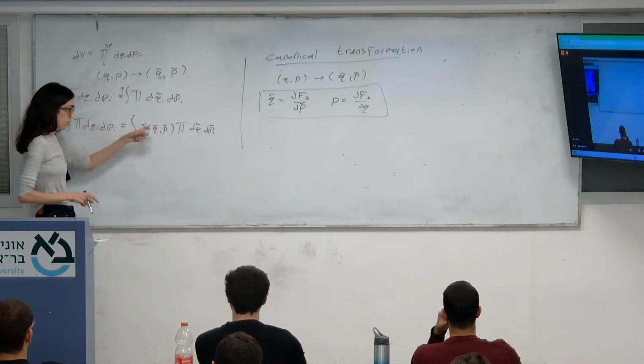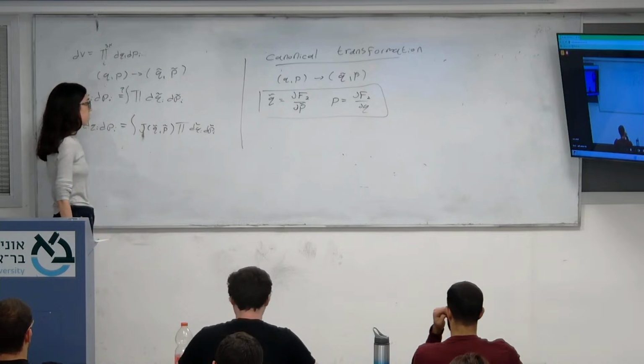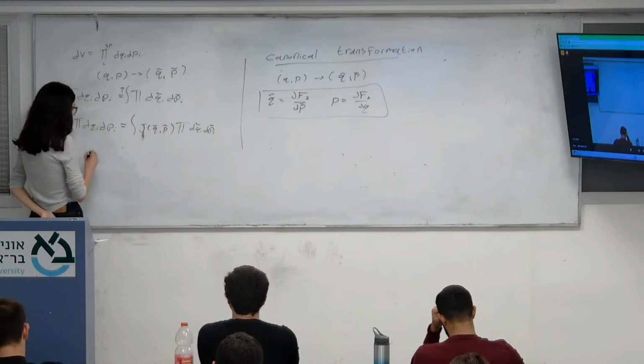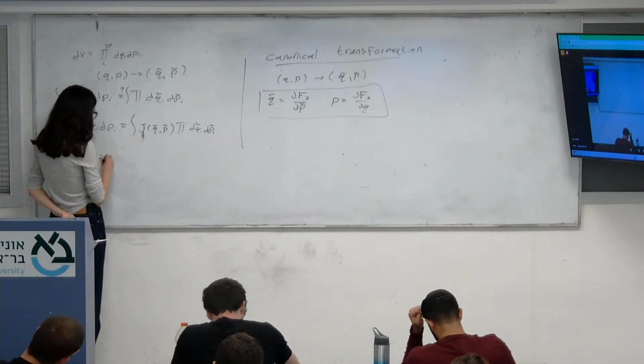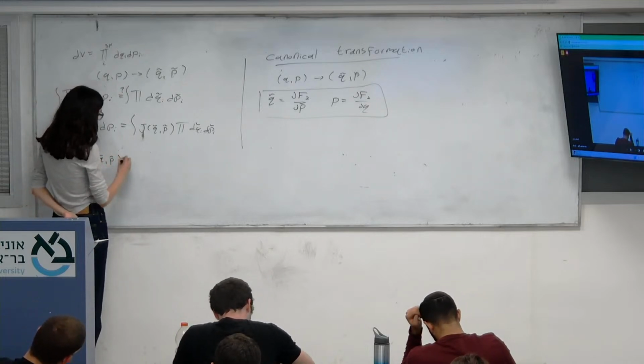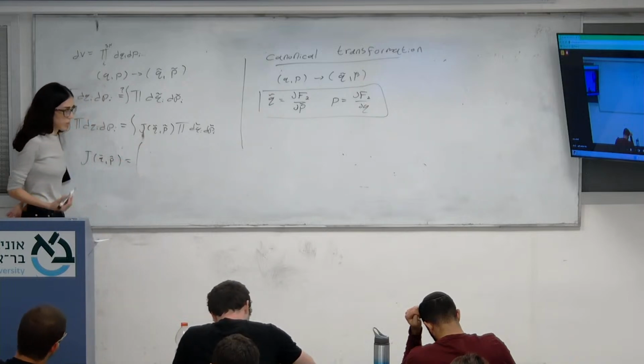Okay, so let's go back to the Jacobian. So what is the Jacobian? The Jacobian of Q tilde, P tilde is basically a matrix, right?